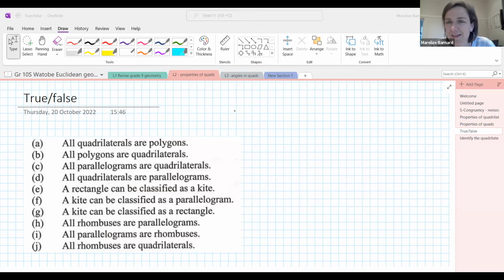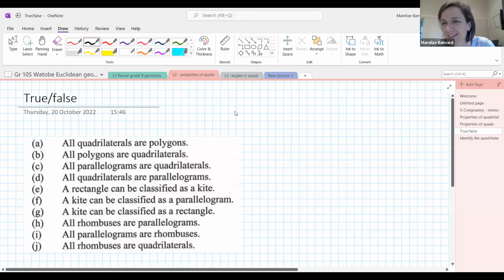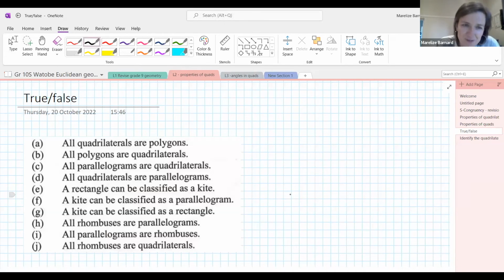No, I don't have a question. Okay, your hand's up. Okay. True. It's true. Thank you. Okay, I agree. That is true. All polygons are quadrilaterals. Is that true or false? False.